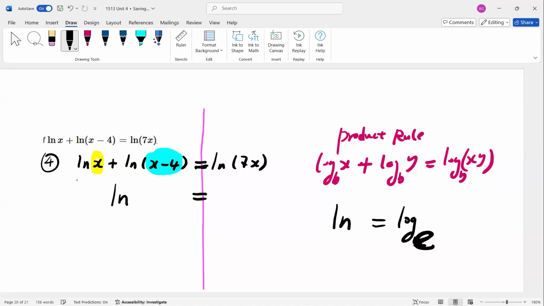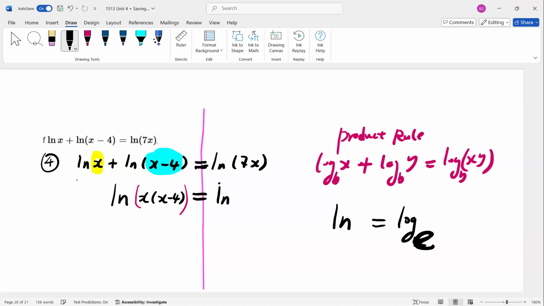Multiplying the 2 arguments, so we have yellow times blue, and this is good enough. x times blue. If you really want, we can put a parenthesis here. It doesn't hurt. Oh, actually, we're almost there.